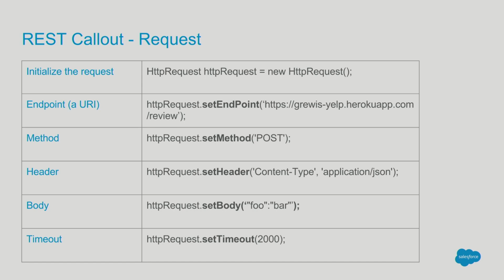If it is a post, we enter the details that have to be inserted into the application. Finally, it's the timeout. Timeout is an important component because it lets the application know how long to wait before it gives up on the response from the external web service. These are all the essential components that need to be filled out for an HTTP request, and this gives the external web service an idea about what we're trying to achieve.